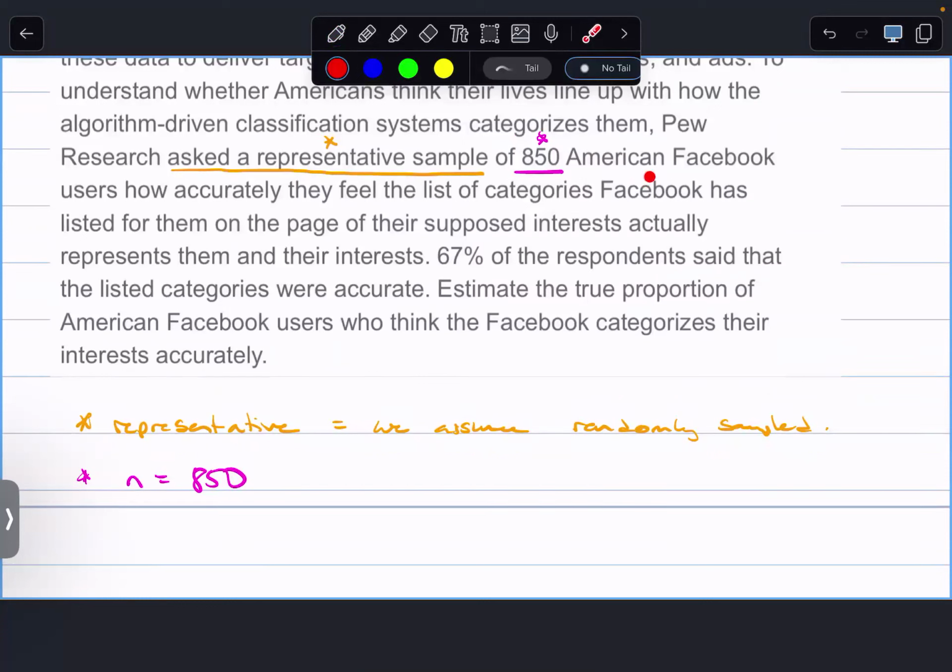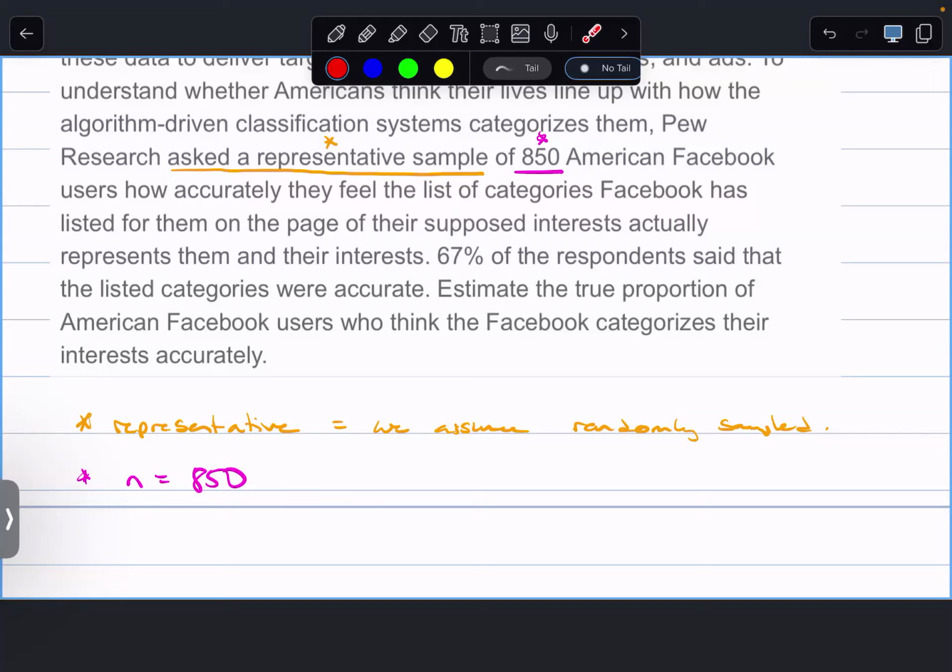The population that we're drawing from are American Facebook users, which makes sense. We wouldn't care about the general population because it's Facebook specific ads, and so of course we have to narrow it down to American Facebook users.